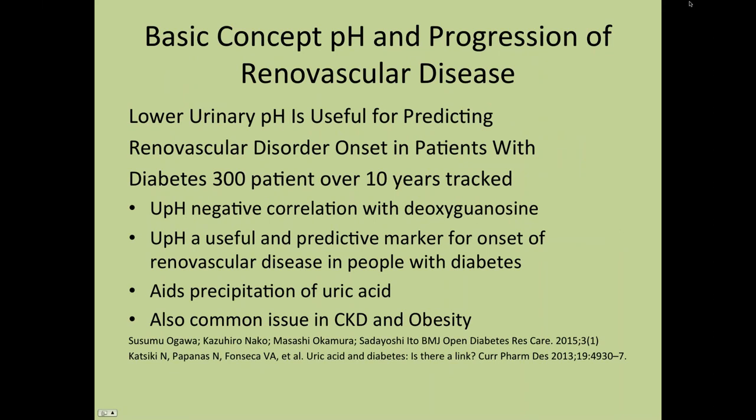And I know when I did my kidney talk, I ended up here. I don't want to go too much into this because I'm trying to pull together all of these markers for inflammation. But I just want you to look at the correlation with deoxyguanosine, that you know that deoxyguanosine is going to be problematic. And you can pick up deoxyguanosine markers. They're not that hard to pick up. A lot of different labs are using them now.